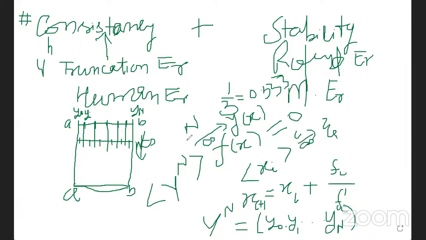As n tends to infinity, or you can say h tends to 0, both are the same thing, because as the number of nodes increases, the mesh size will of course decrease. So in that way we generate it. First we should understand this.